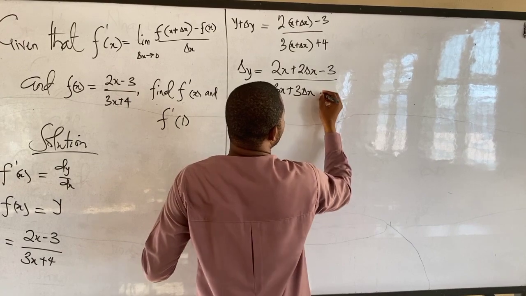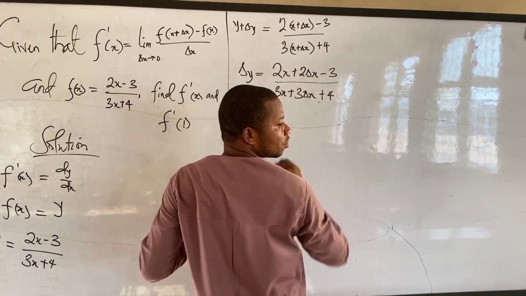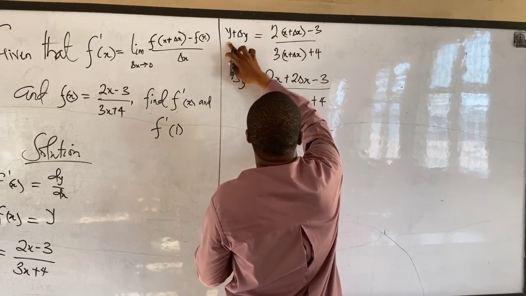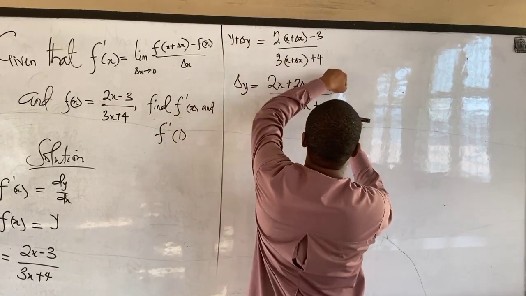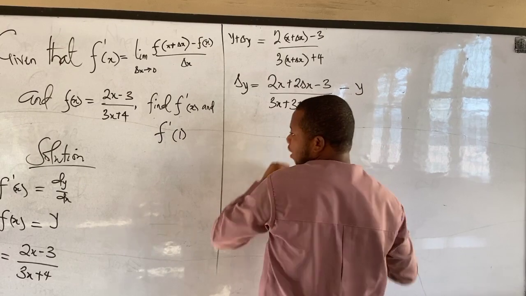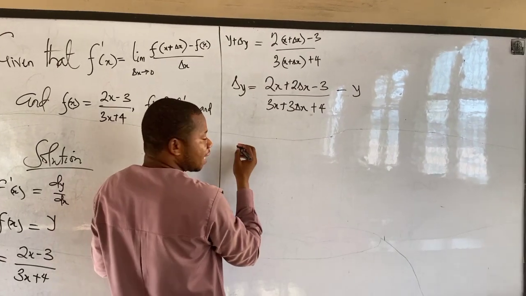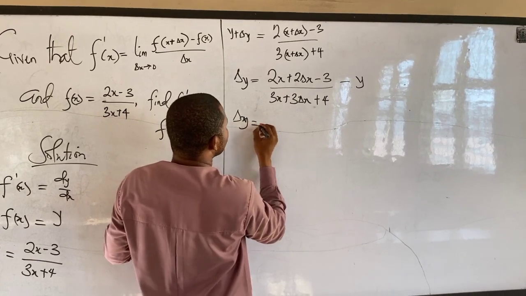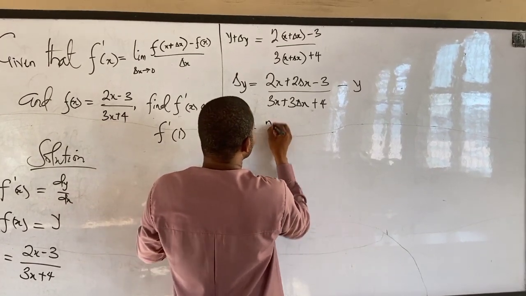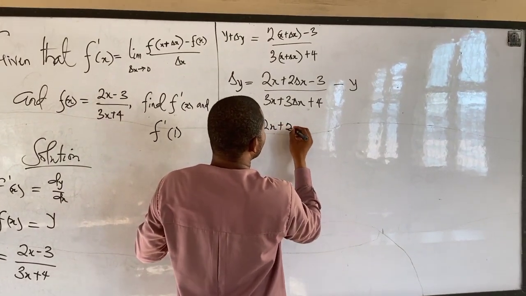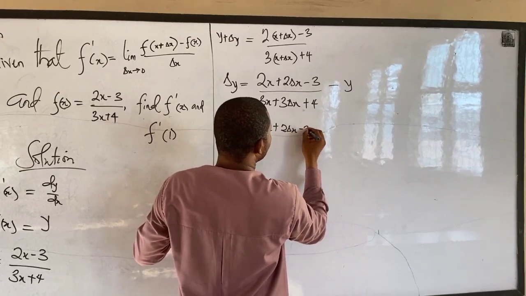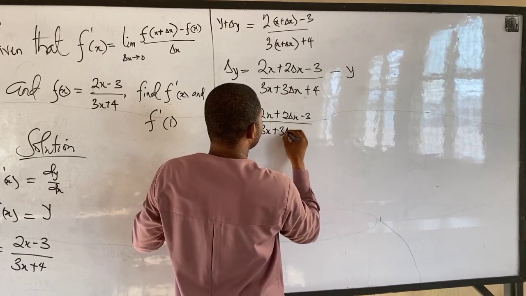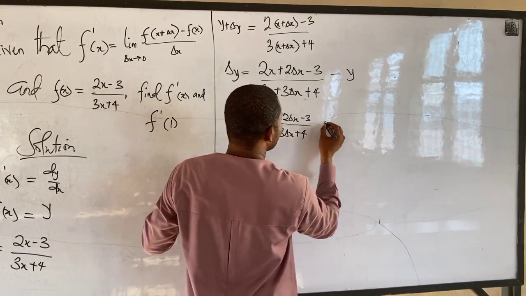Then plus 4. Then, mind you, I'm transferring this y to this side, so y moving to this side becomes minus y. So by virtue of that, I have change in y giving me 2x plus 2 change in x minus 3 all over 3x plus 3 change in x plus 4, and minus y.